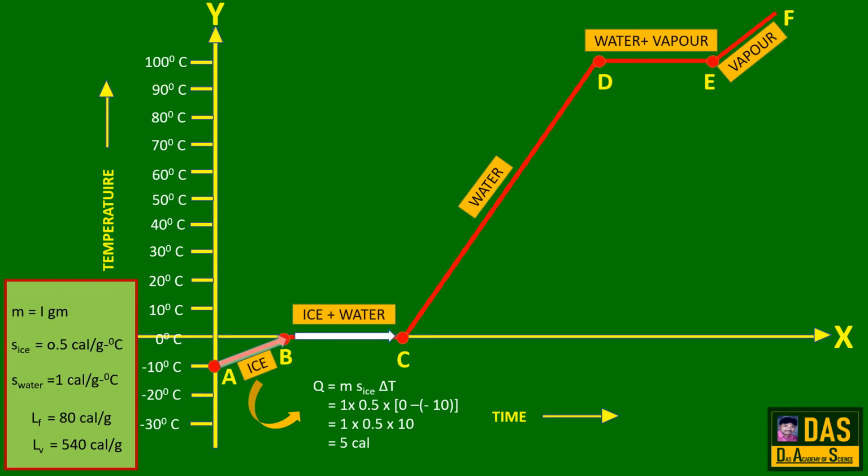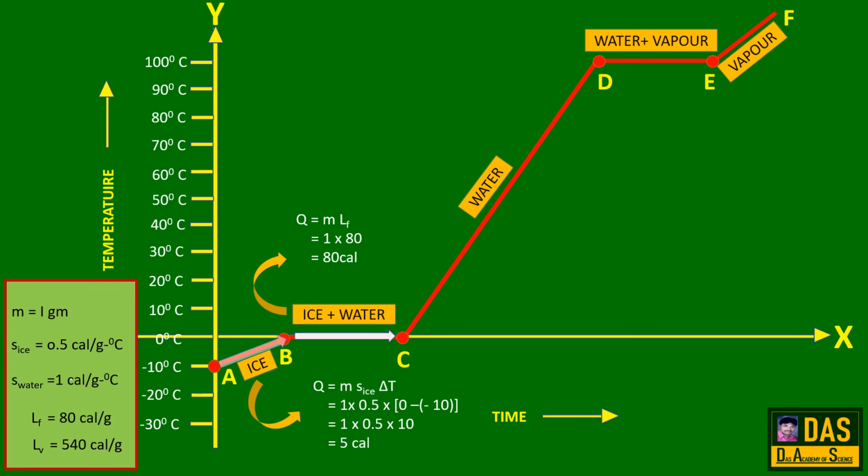Similarly, if you observe between B and C, ice is melting into water. Here, there is no change in temperature, just 0 degrees Celsius is there. But there is change in state of the matter from solid state to liquid state. So here we use formula Q is equal to m L to find how much heat energy is required to convert 1 gram of ice at 0 degrees Celsius to 1 gram of water at 0 degrees Celsius.